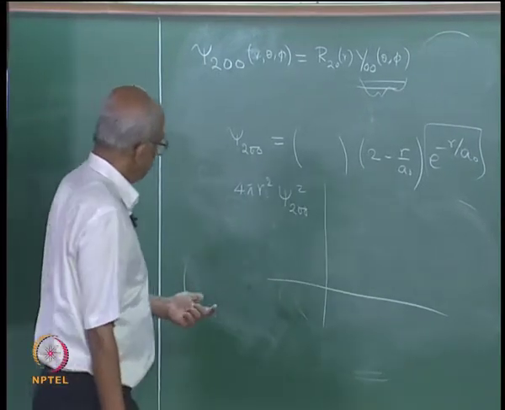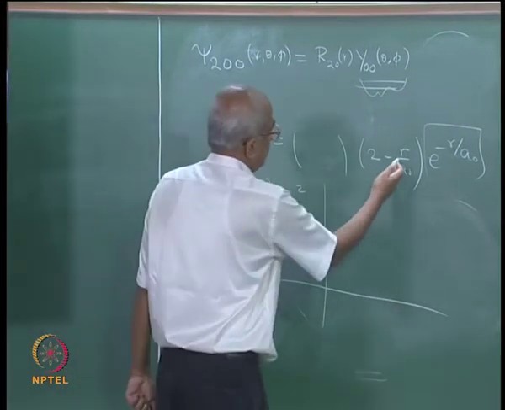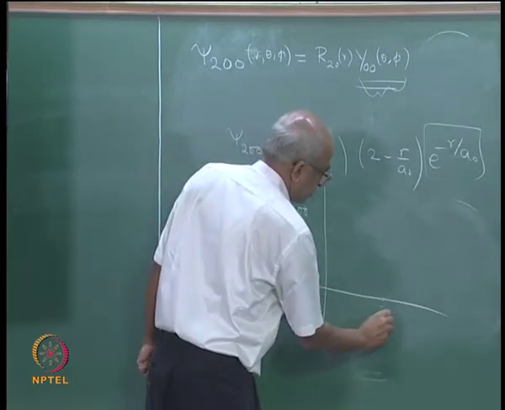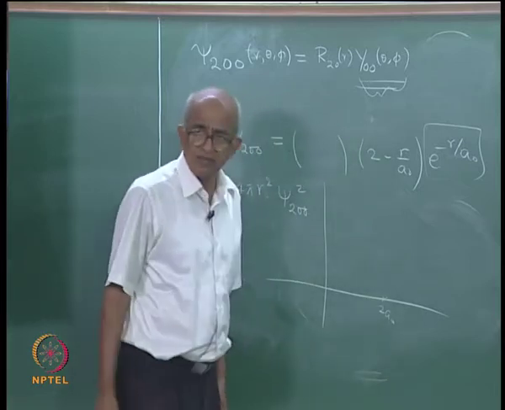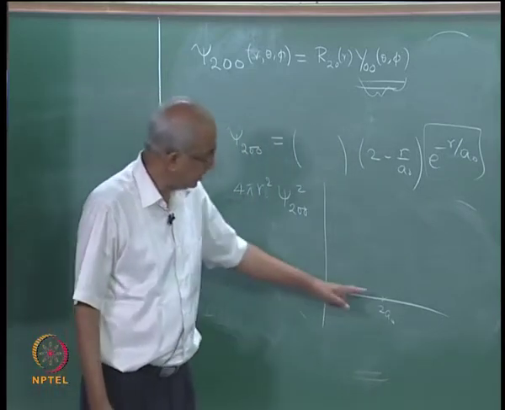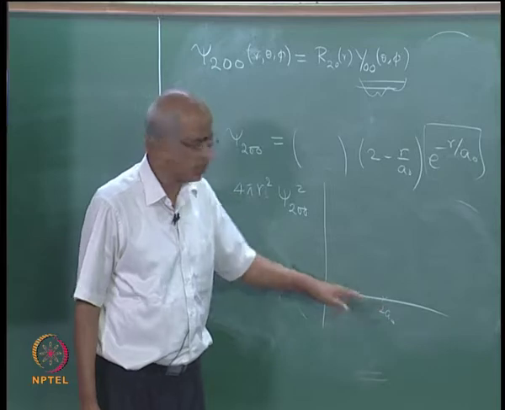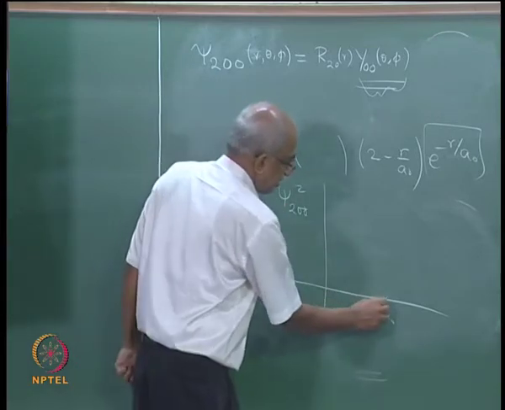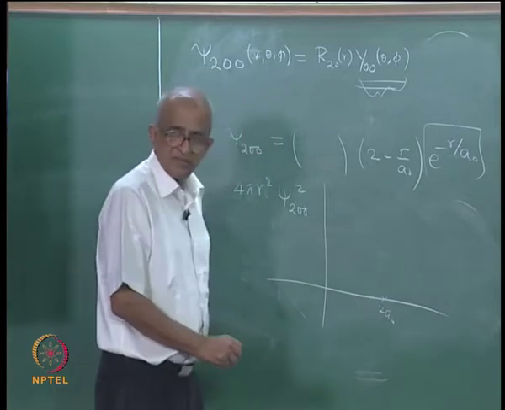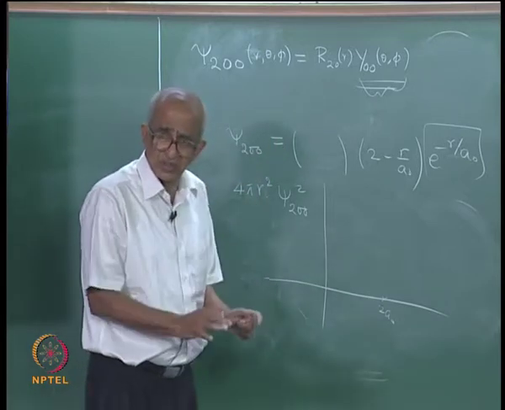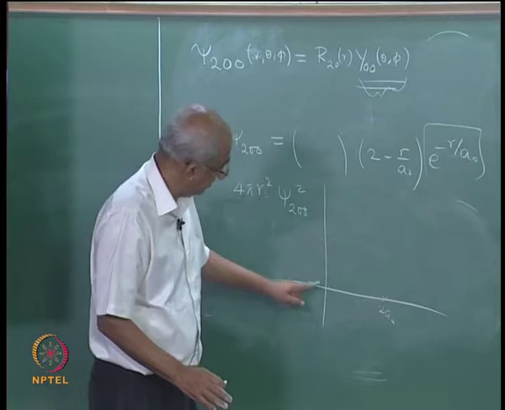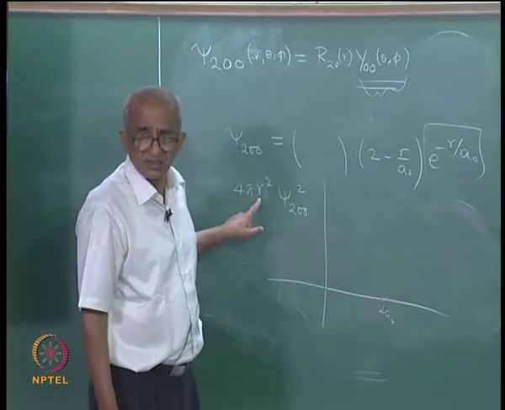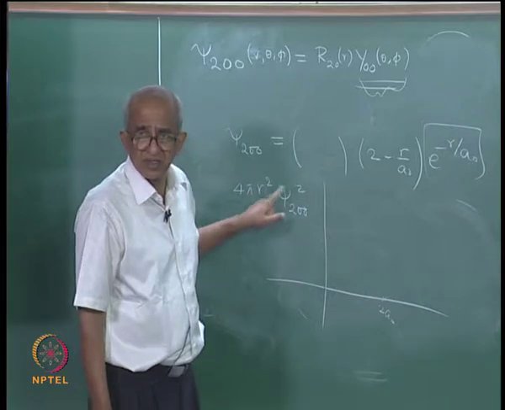Well, we can think about it. You see, this is the point 2a0, there the wave function will become 0. So, naturally its square also will become 0. In this region the wave function is positive and non-zero, but at the origin the 4 pi r square term will make the product equal to 0.